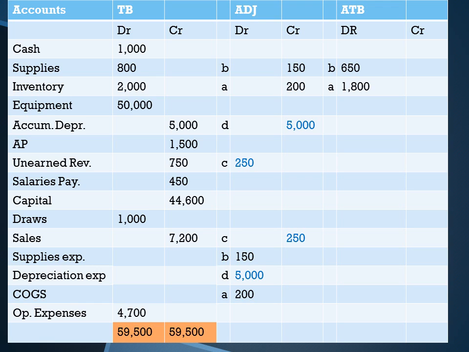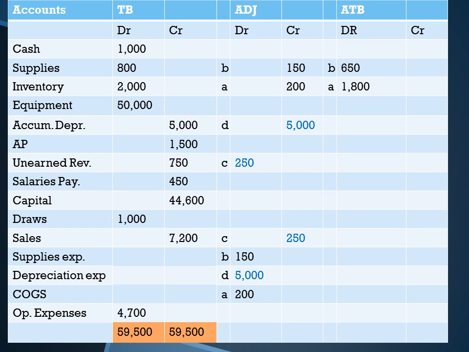The next set of items are going to be items we have some specific information on. For example, let's take letter C. We started out with $750 of unearned revenue, which is a liability. Someone paid a deposit or something towards a job, and now at the end of the month, we know we have earned a portion of that.